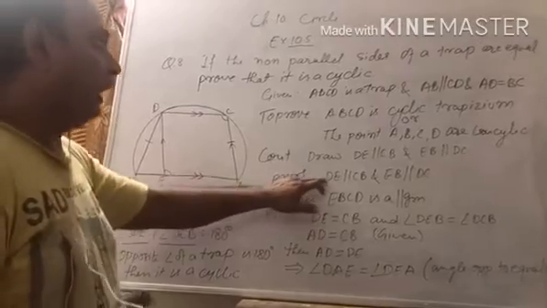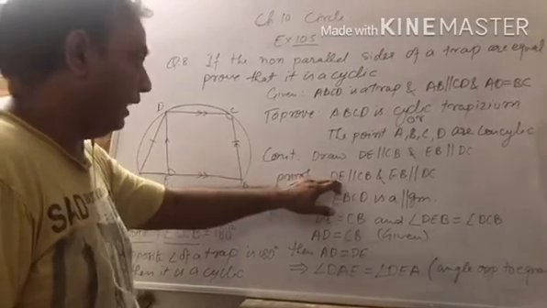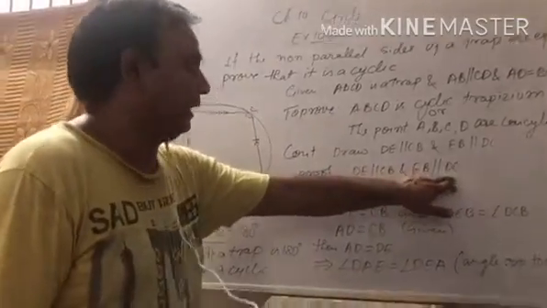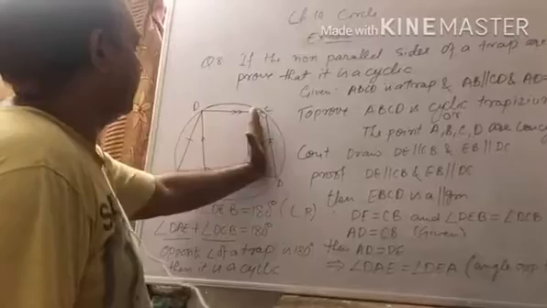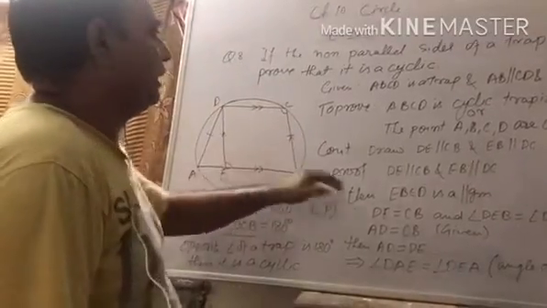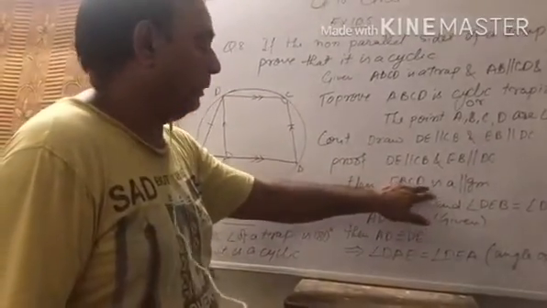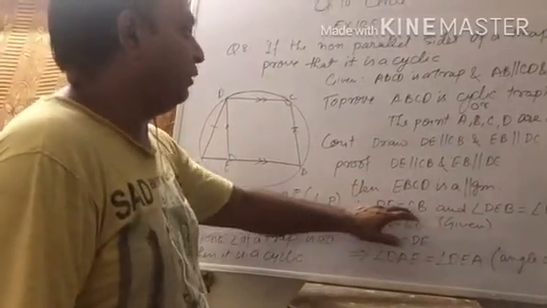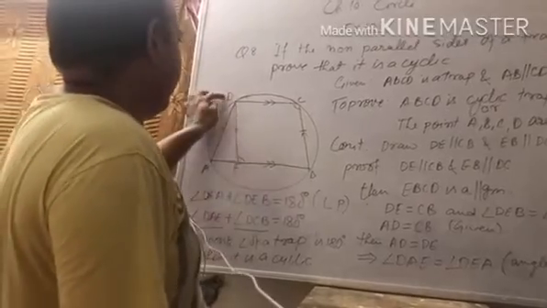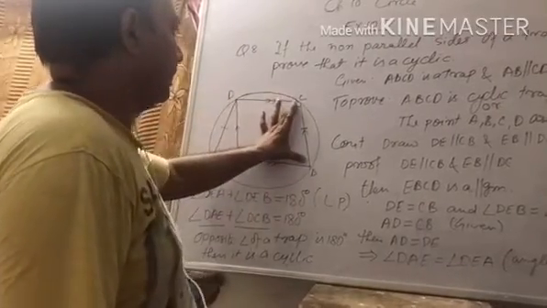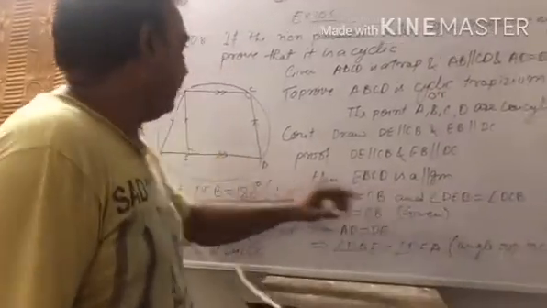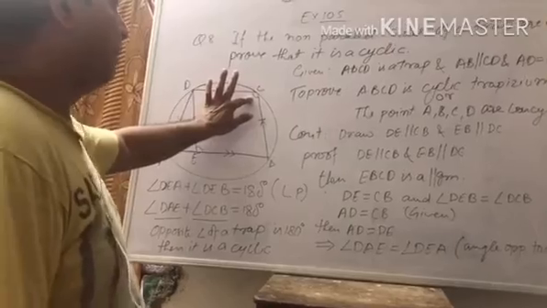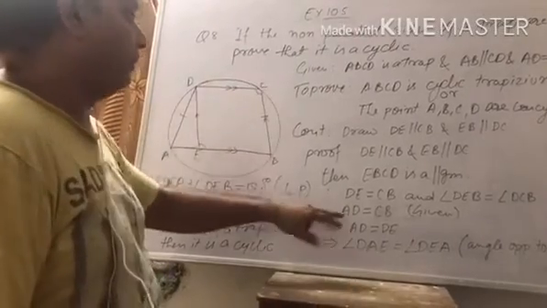Now DE is parallel to CB and EB is parallel to DC, means this is parallel to this and this is parallel to this. EBCD is a parallelogram. By the parallelogram, DE is equal to CB, and angle DEB, this angle, is equal to this by the parallelogram's property.